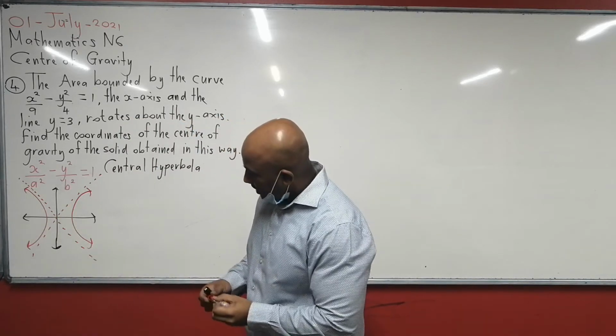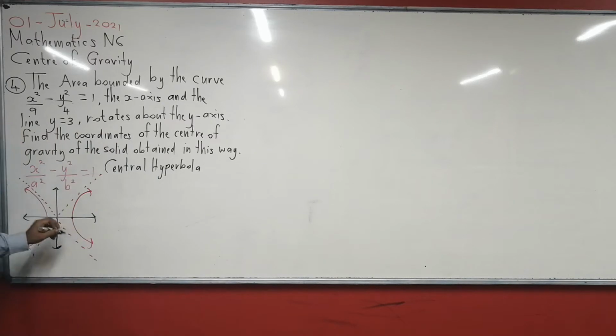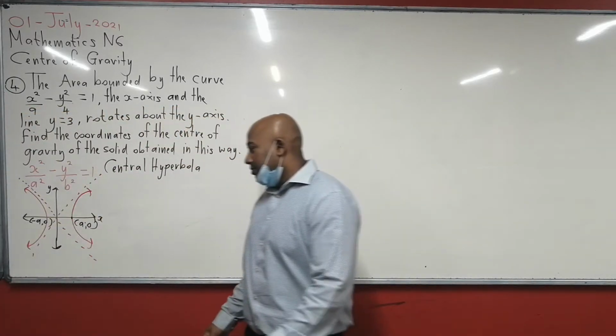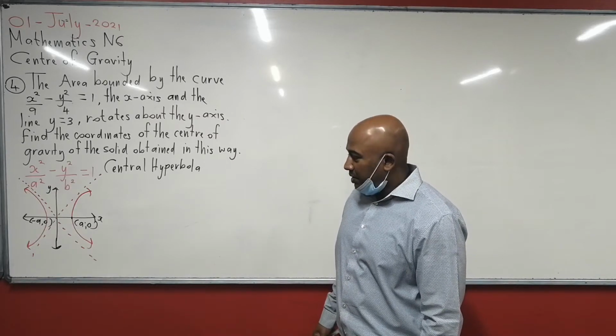This graph has x-intercepts at a, 0 and minus a, 0. That's your y-axis, that's your x-axis. We have two asymptotes, but we don't have to worry about that at the moment. So this is your central hyperbola.